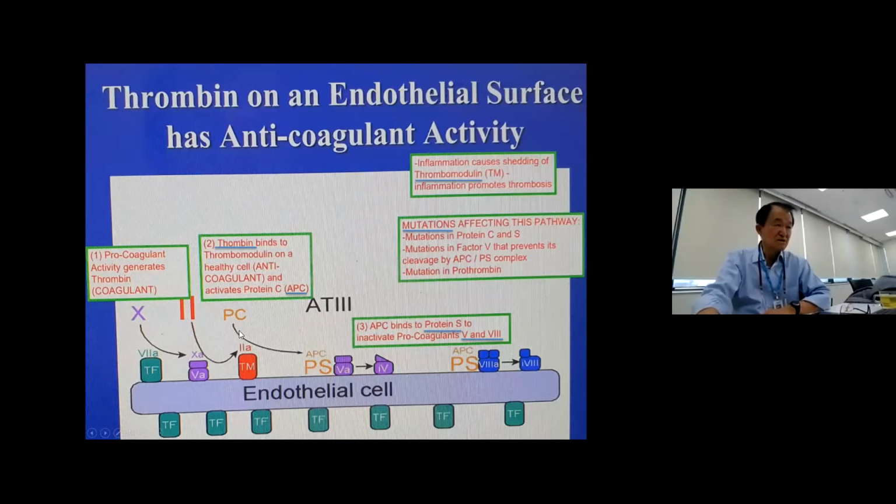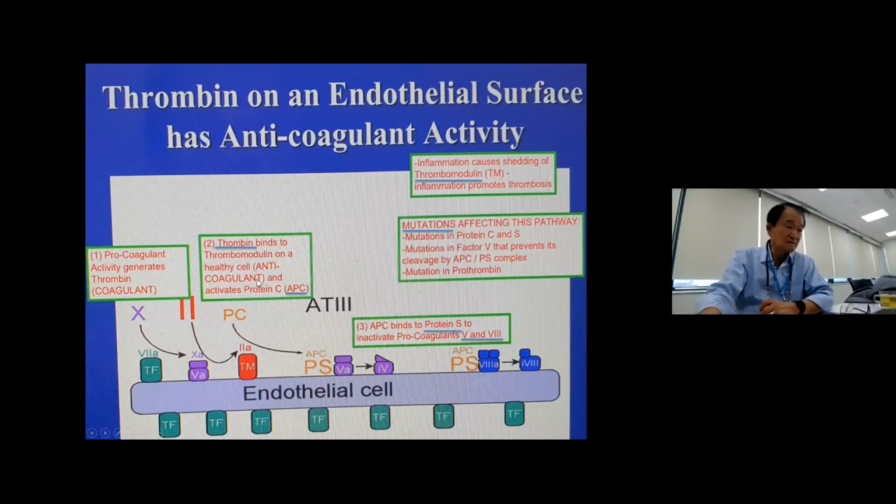As I said earlier, thrombin is like a protease. So it melts the basement membrane, and sometimes it binds to thrombomodulin.